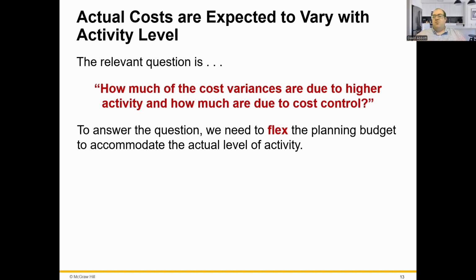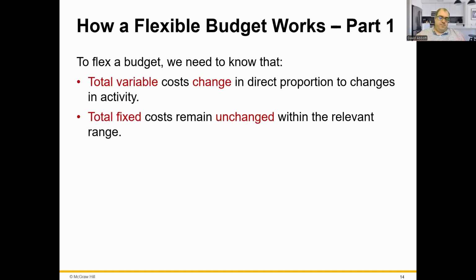Because remember, otherwise you're looking at different levels of activity and you can't compare those. So, how a flexible activity budget works. Variable costs change in direct proportion to the change in activity, right?